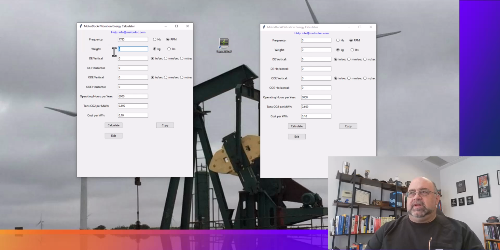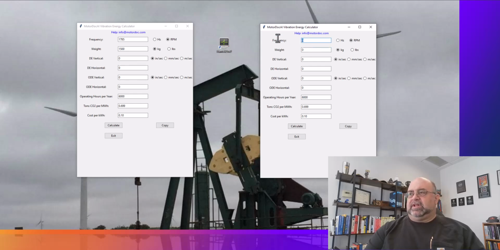Let's go with a smaller motor. Let's say it's a 500 horsepower and a 440T frame that will end up weighing somewhere around 1,500 cast, so we'll just say 1,500 kilograms, and then we'll come back to this.